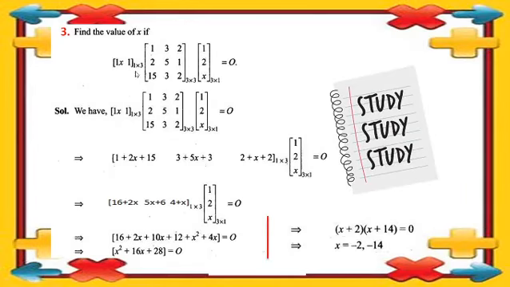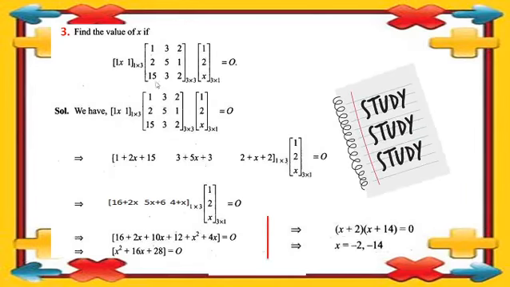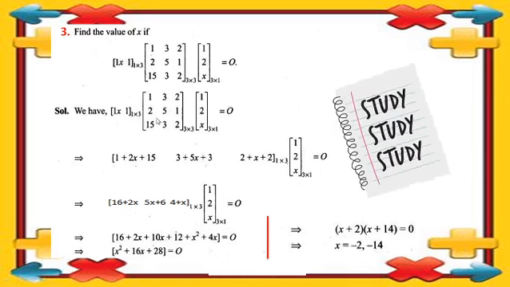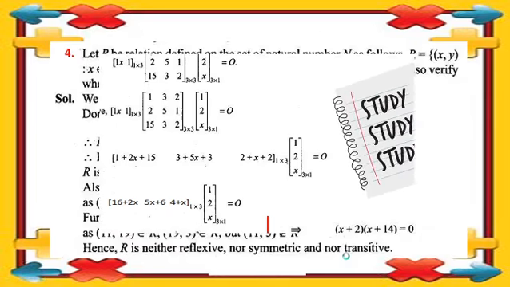Question number 3. Find the value of x if the product of these three matrices is equal to 0. Here the first matrix is of the order 1 by 3, this is 3 by 3 and this is 3 by 1. First of all let's multiply the first two matrices, then let's multiply the resultant matrix with the third matrix and equate with 0 and get the value of x.